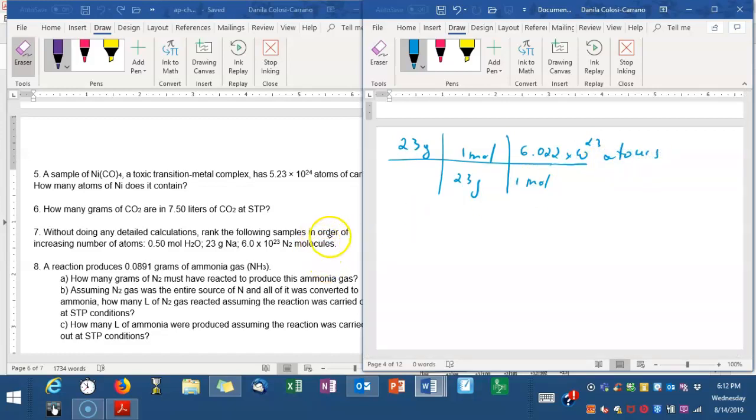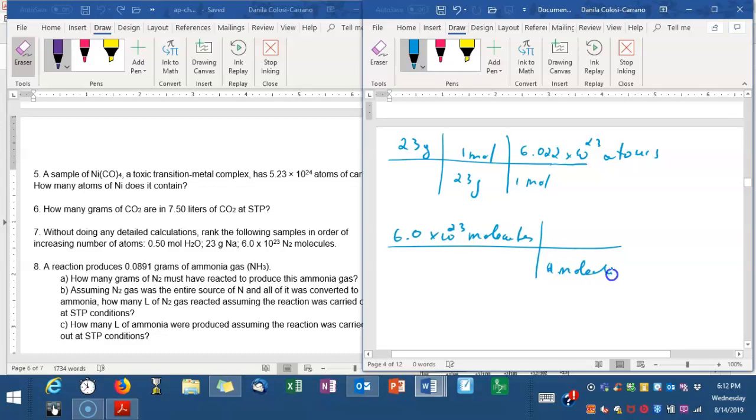And then for the other one, you can say 6.022 times 10 to the 23rd molecules, okay? So there are that many molecules. So in 1 molecule, there are 2 atoms, okay?